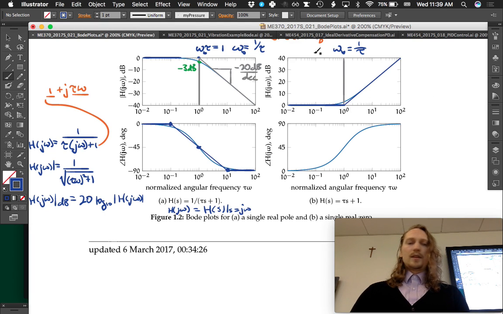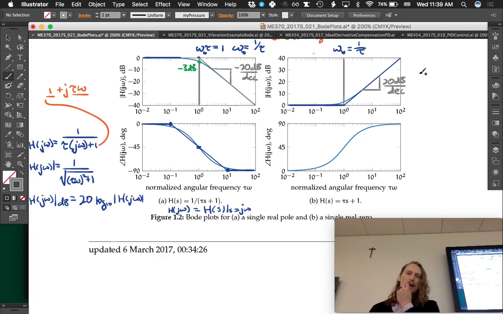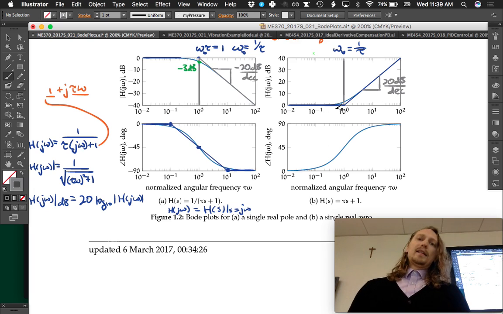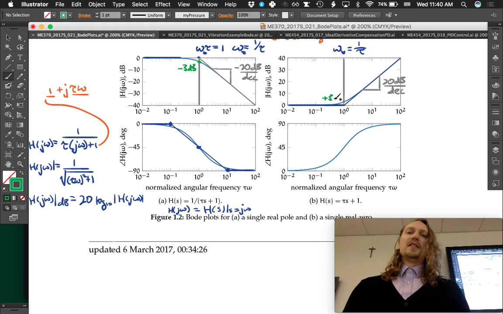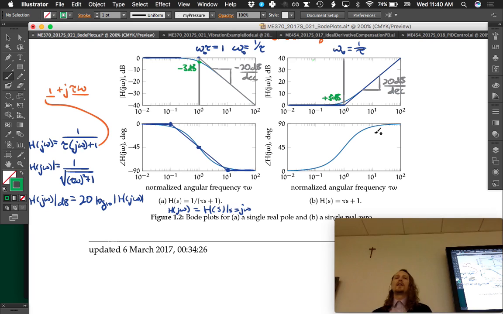So this is a slope of positive 20 dB per decade. And instead of being at negative 3 dB at the break frequency, it's at positive 3 dB.